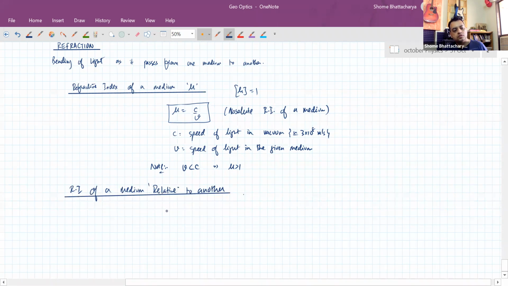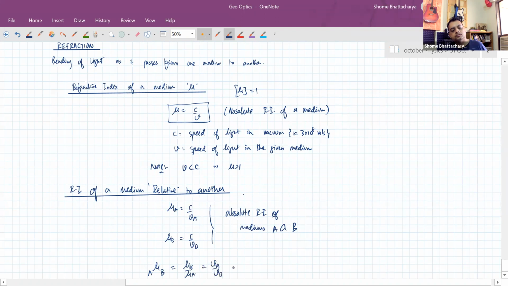So if we have these absolute refractive indices of mediums A and B, then we define refractive index of B with respect to A, like this.